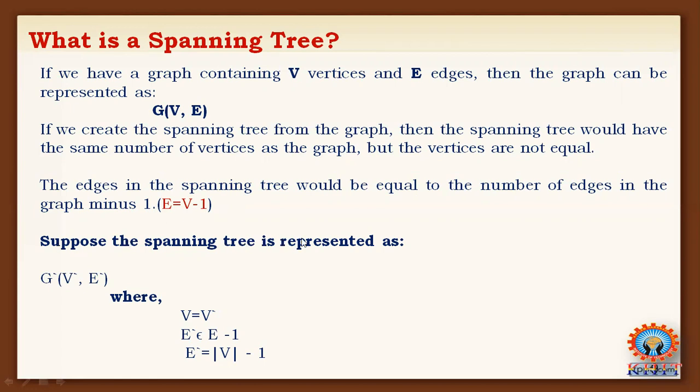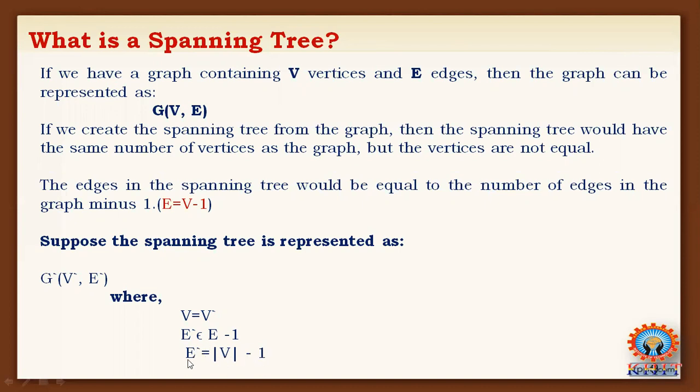Suppose the spanning tree is represented as G'(V', E'), where V equals V' and E' equals V minus 1.